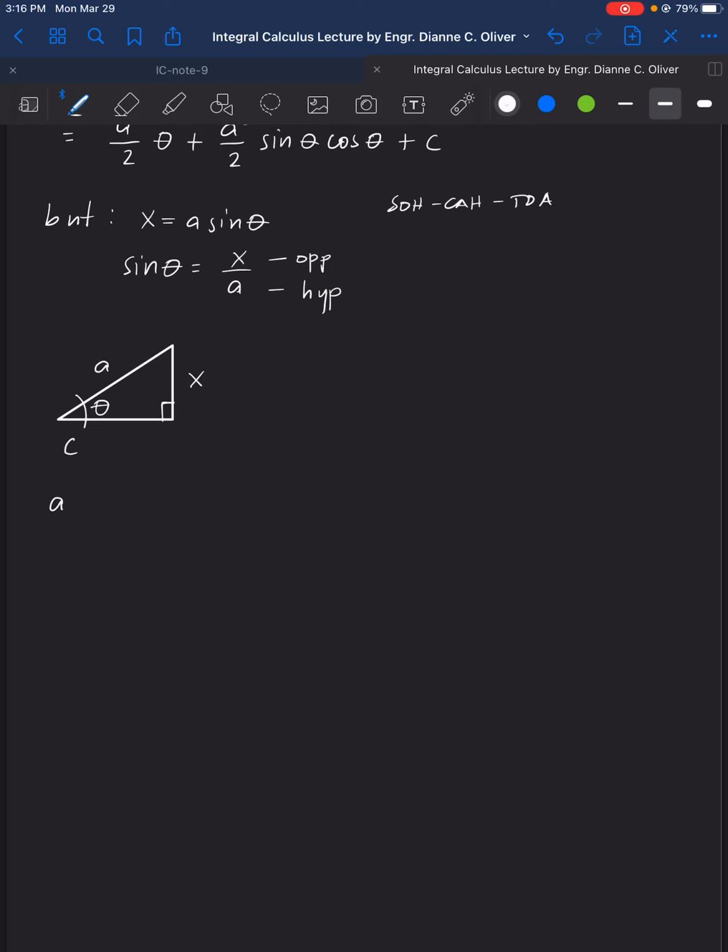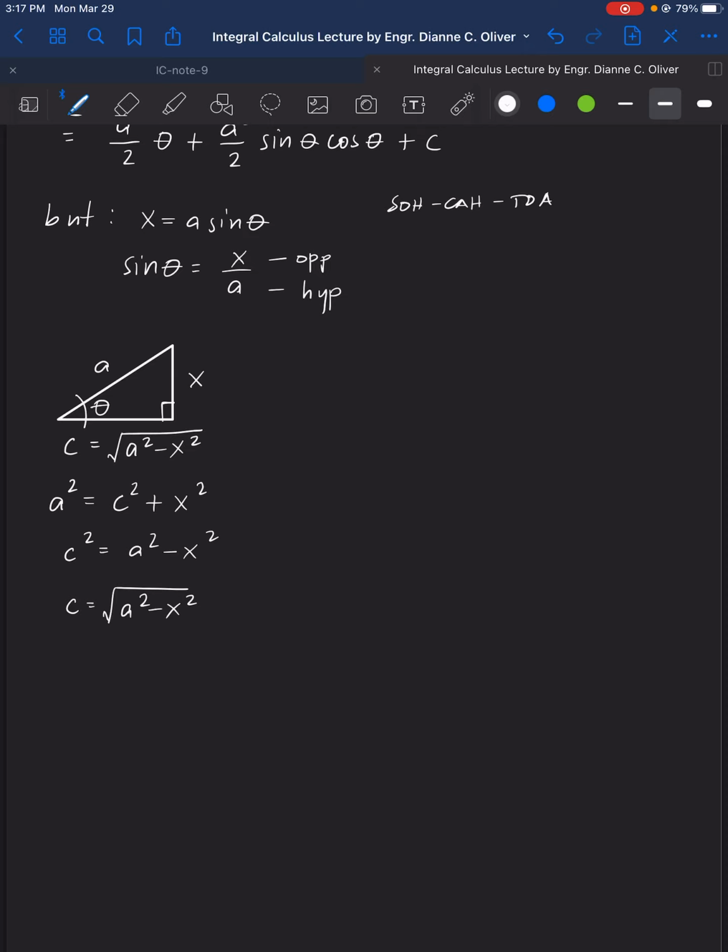A squared, the hypotenuse, is equal to C squared plus x squared. What we're looking for is the value for C. So C squared is equal to A squared minus x squared. C is equal to the square root of A squared minus x squared.